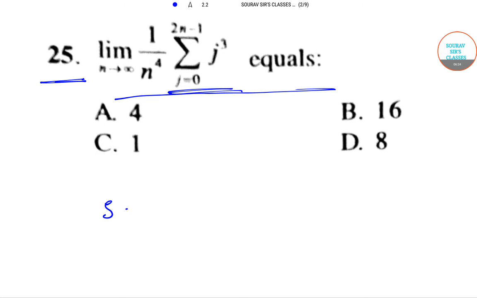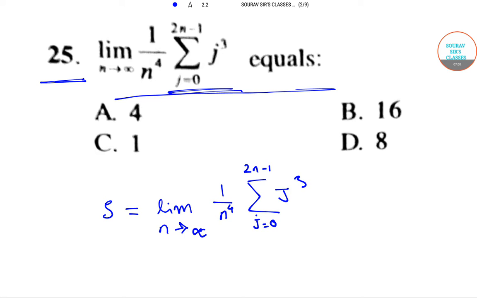Now if we do it this way, we can write it as the limit as n tends to infinity of 1 by n to the power 4, times the summation with upper limit 2n minus 1 and lower limit j equals 0, of j cubed. So this is the equation.